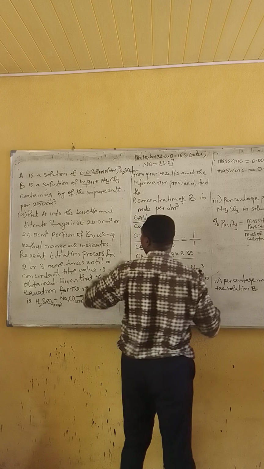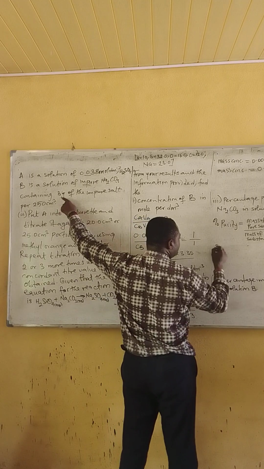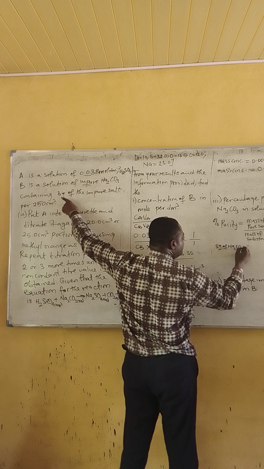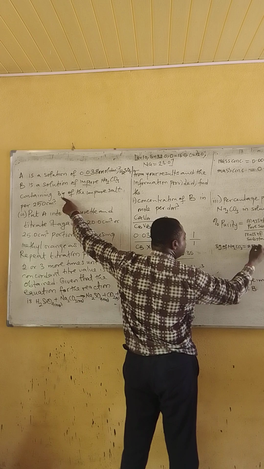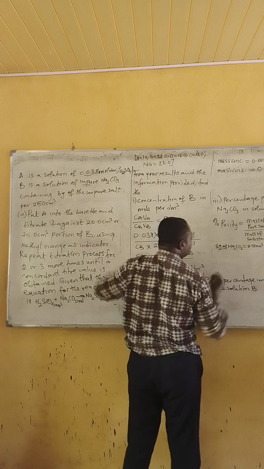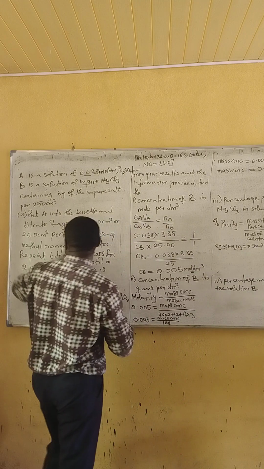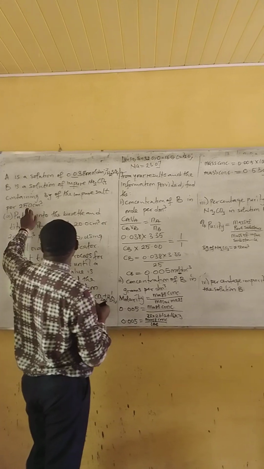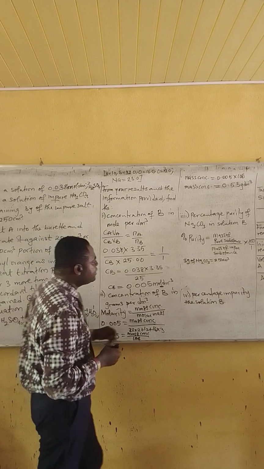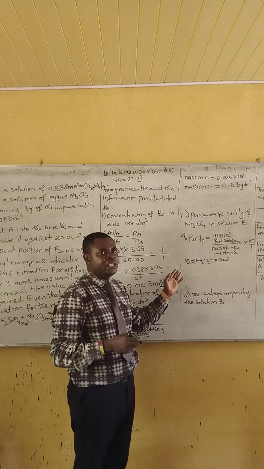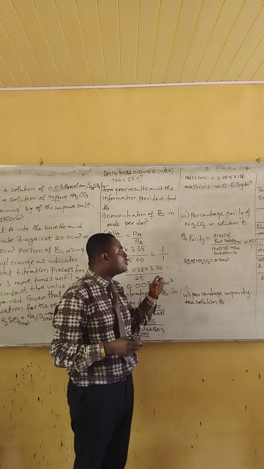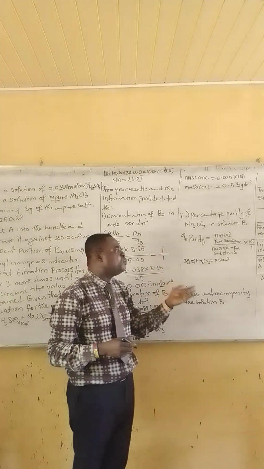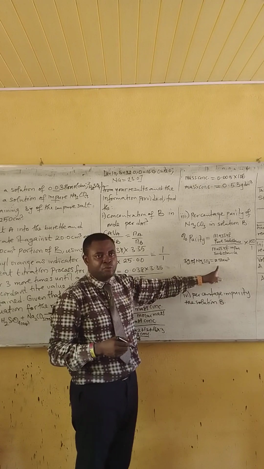So now what do we do? We have 3 grams of Na2CO3 dissolved in 250 cm3. According to this question, 3 grams of the impure salt per 250. But in a standard solution, the concentration must contain the amount dissolved in 1000 cm3, not the amount dissolved in 250 cm3.